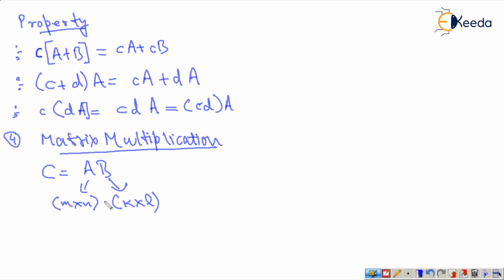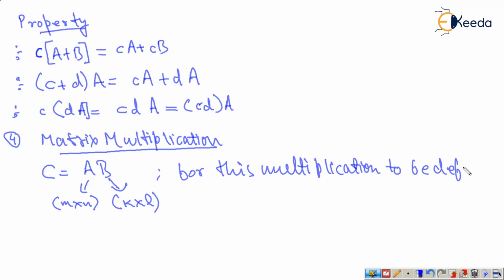Now for this matrix multiplication to be defined, we need that these two elements should be of the same value.